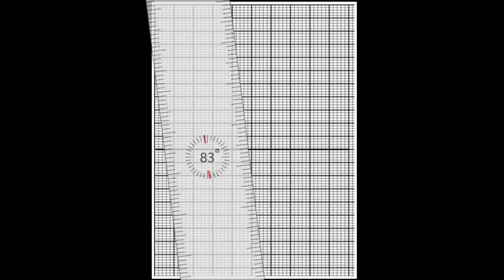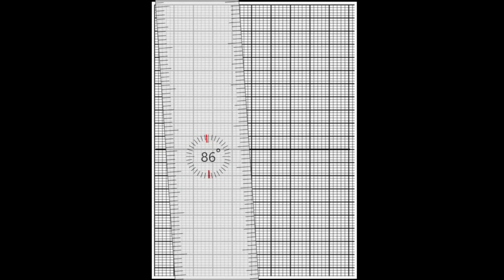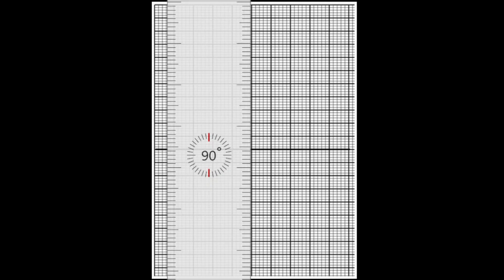So I'm just preparing the graph. Horizontal x-axis, vertical y-axis.